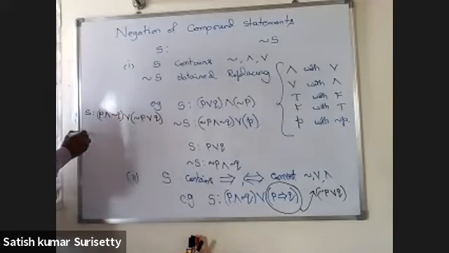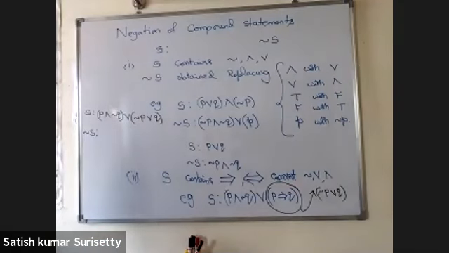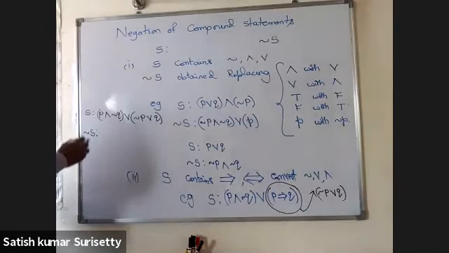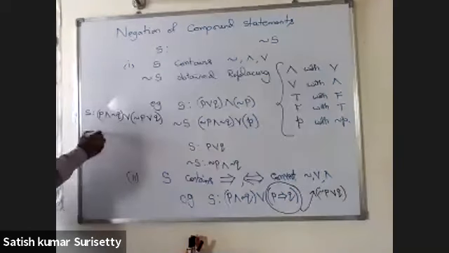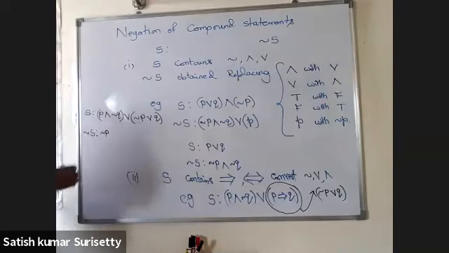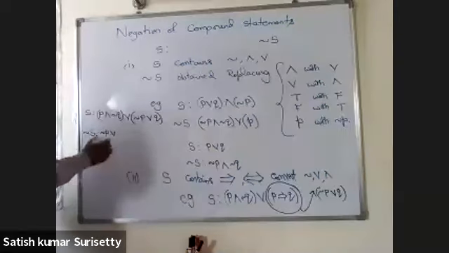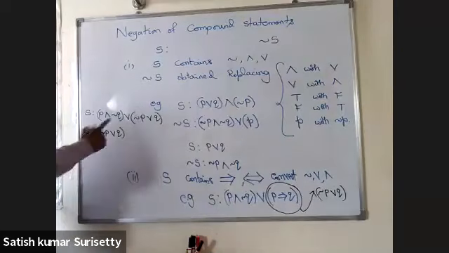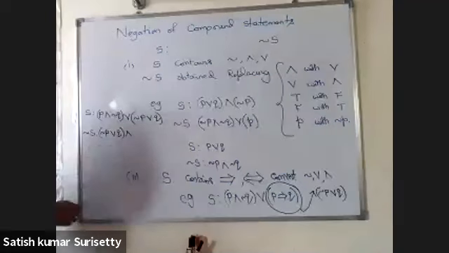Now write the negation of S. Tell me the negation of S now. I should replace P with negation of P, and the and becomes or. Negation of Q becomes Q. The or becomes and.